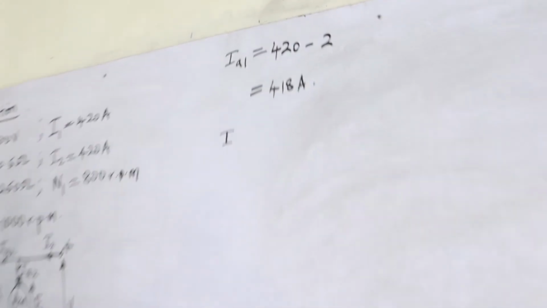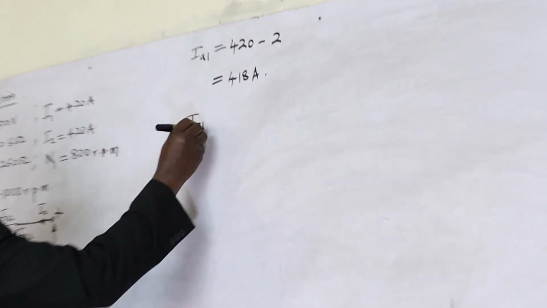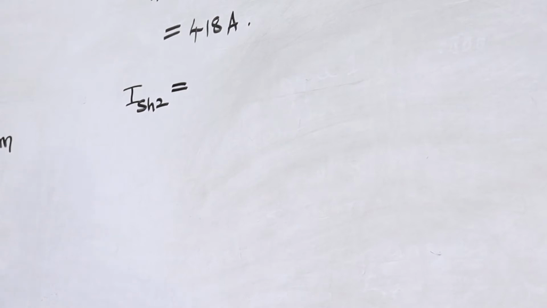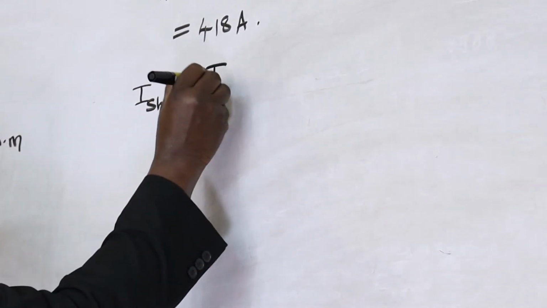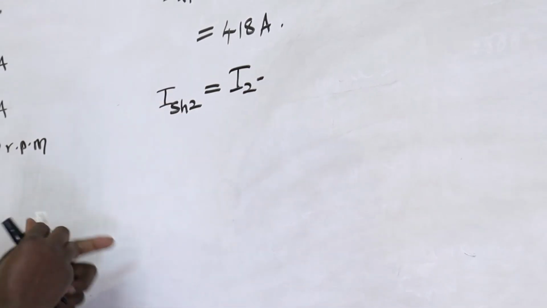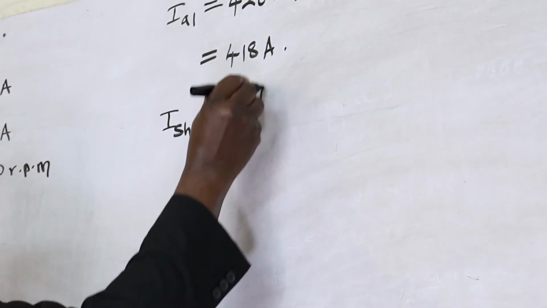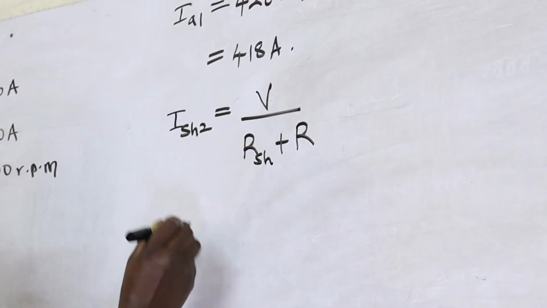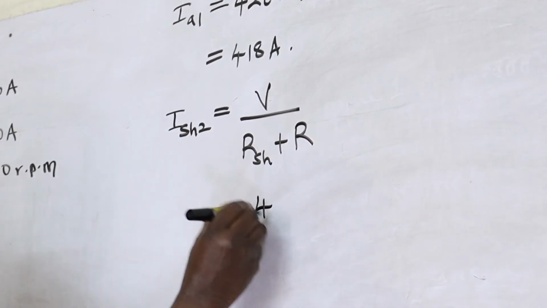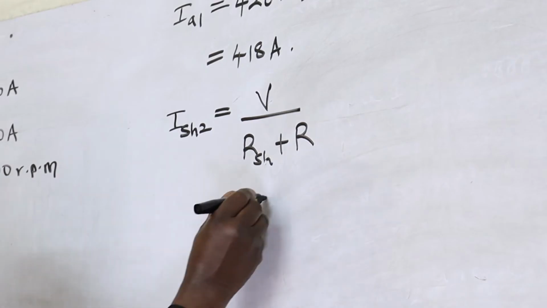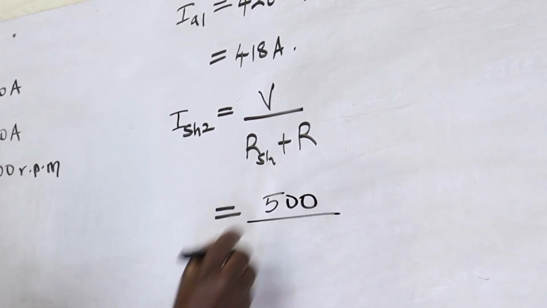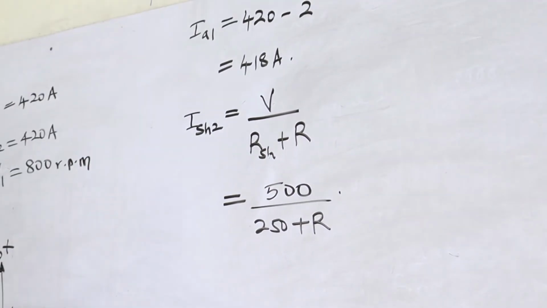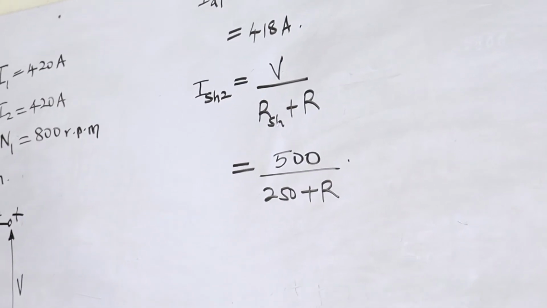We have I shunt 2. I shunt 2 will be equal to V all over R shunt plus R, which is 500 volts all over 250 plus R. So that one will give I shunt 2.